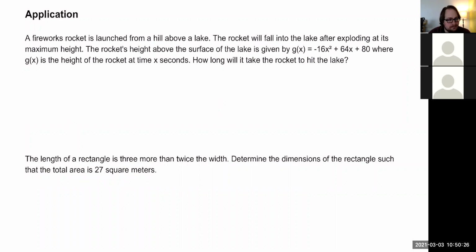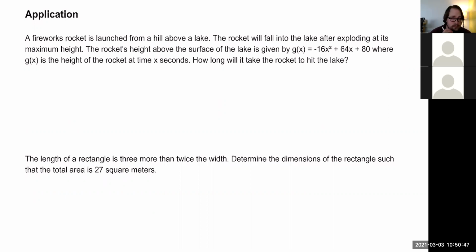The first one is an example that you may find in something like a physics class, or if you're an astronaut, or really all sorts of situations where we're measuring the height of an object traveling through space at any given time.